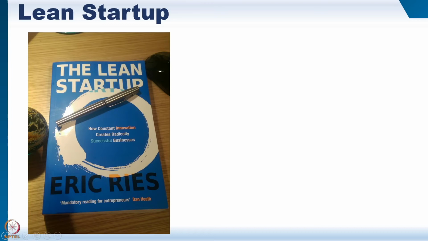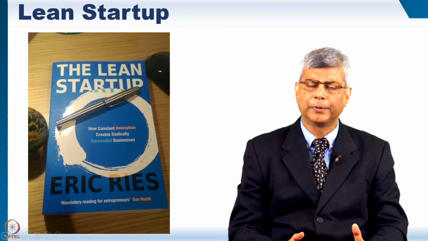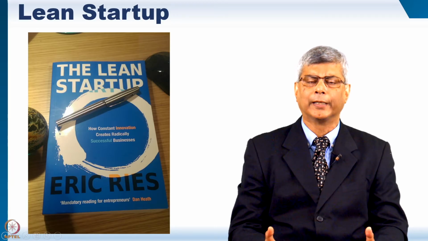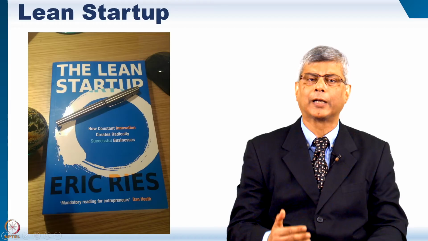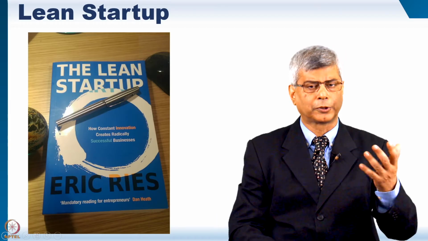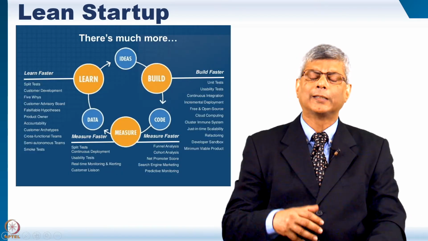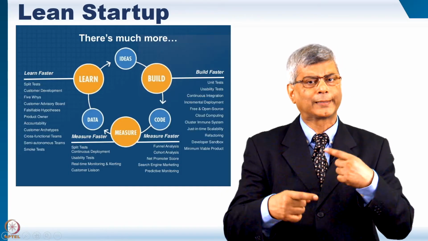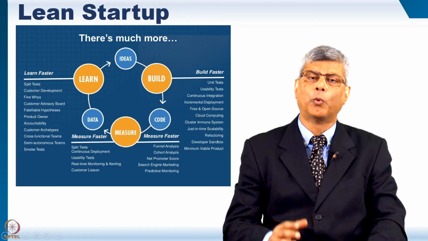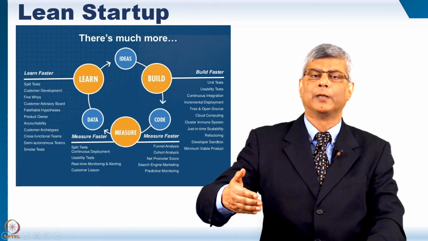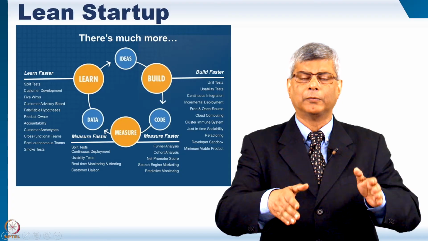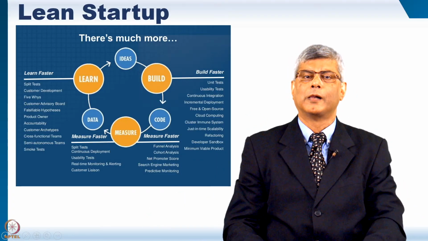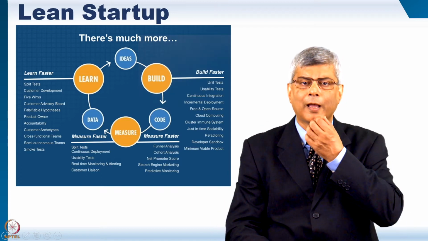So let's start with the first methodology called Lean Startup. It was actually put together by a gentleman called Eric Ries, who started a lot of startups, especially on the west coast of US. And the salient feature of this methodology is it's very fast cycle, iterative, versus the traditional waterfall method, which is step by step, where one department hands over to the next department, and there's not much feedback maybe.